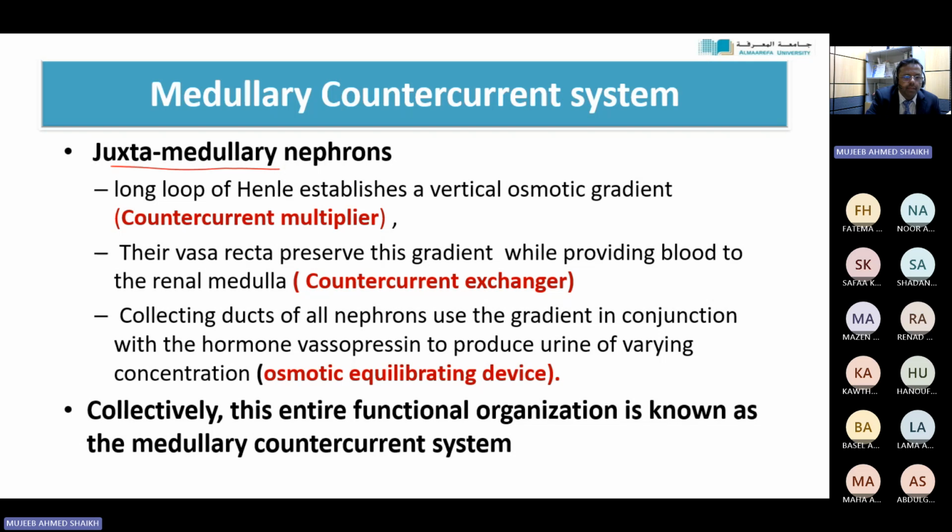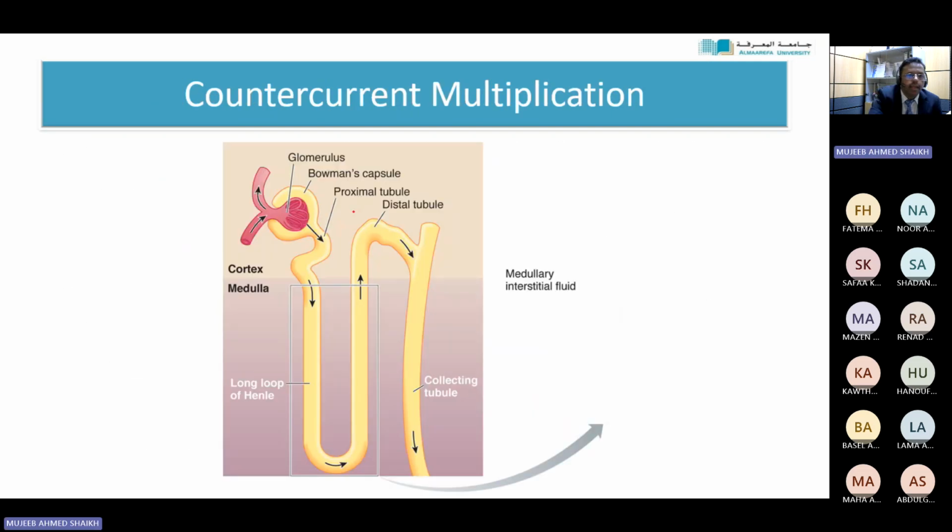If you remember the picture of the juxtamedullary nephron, I will show you here. The glomerulus lies in the cortex, whereas the long loop of Henle goes deep into the medulla and then comes back. What is the second difference between cortical and juxtamedullary nephrons? The number.